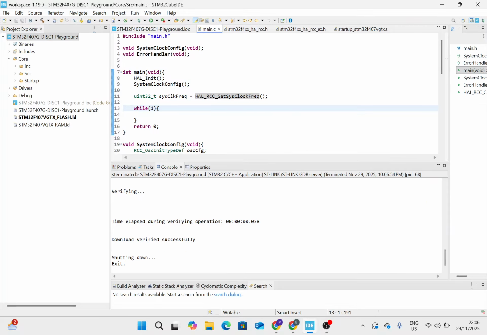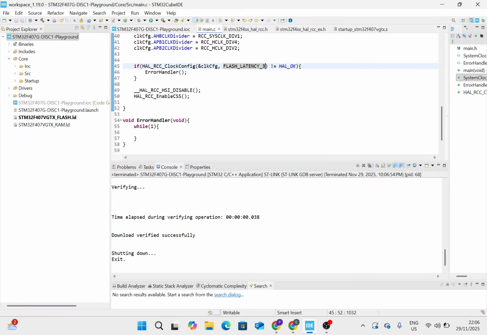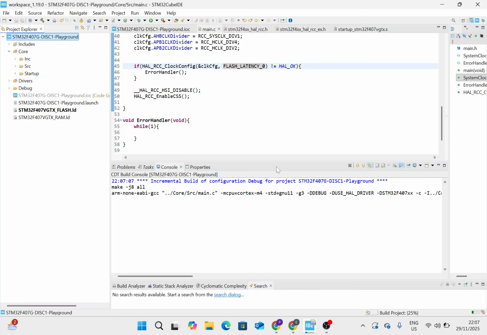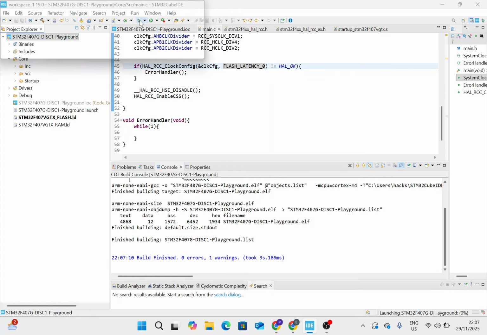Let's change the flash latency to the previous value, which was 0, and let's see what's gonna happen. So I just changed this to 0. I'm going to build this project again. So you see, the problem here is it builds all right, but it will not run.